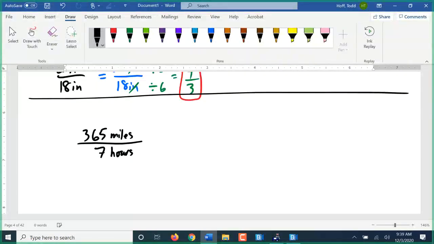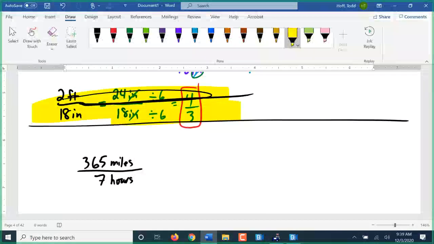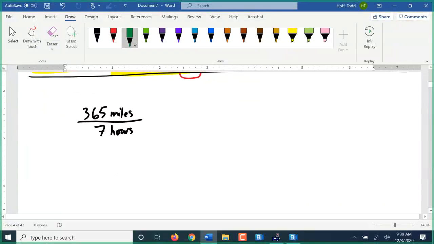Well, there is no way here that I can convert miles into hours or hours into miles. So I can't make it work out like I did up here. This is what is referred to as a rate, because I am comparing two things with different units.